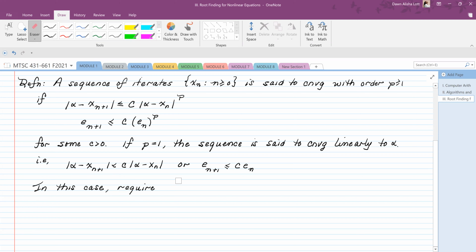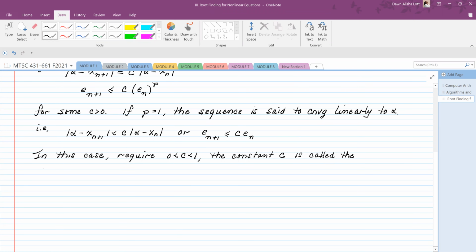And the constant c is called the rate of linear convergence of xn to alpha.